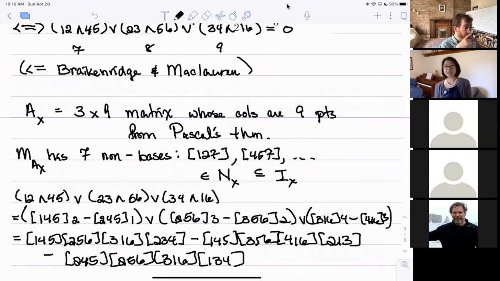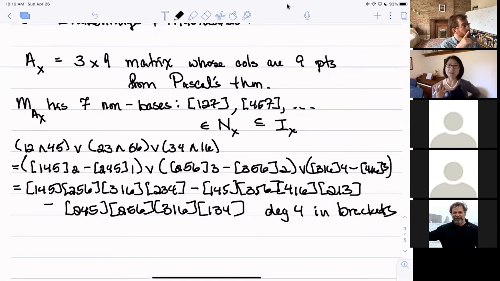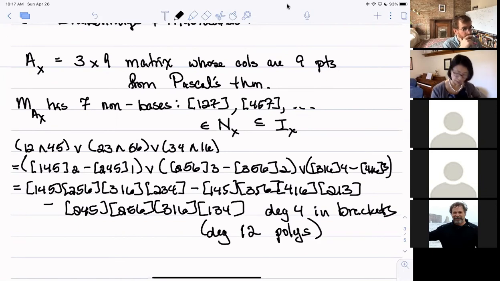Phew. If I just wrote that out to you, you would say, I don't know where that came from. And it's a degree 4 bracket polynomial, so degree 4 in brackets or Plücker coordinates. It would look way worse if I had written it out with all of its variables. Really, I'm suppressing the fact that this is a degree 12 polynomial in the entries of some 3×9 matrix.